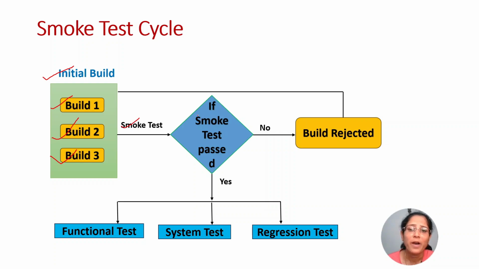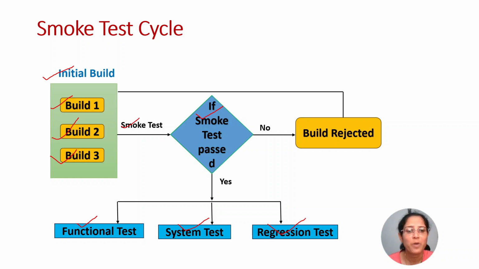If my smoke testing is passed, then I go for detailed testing, where I perform different types of testing: functional testing, system testing and regression testing.